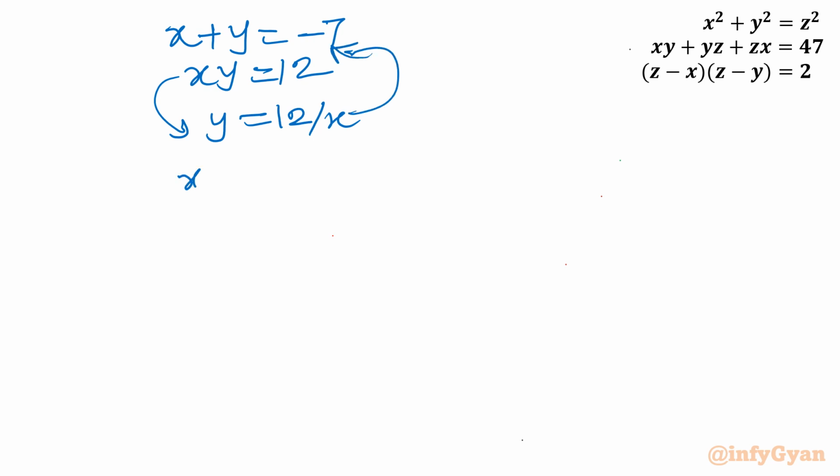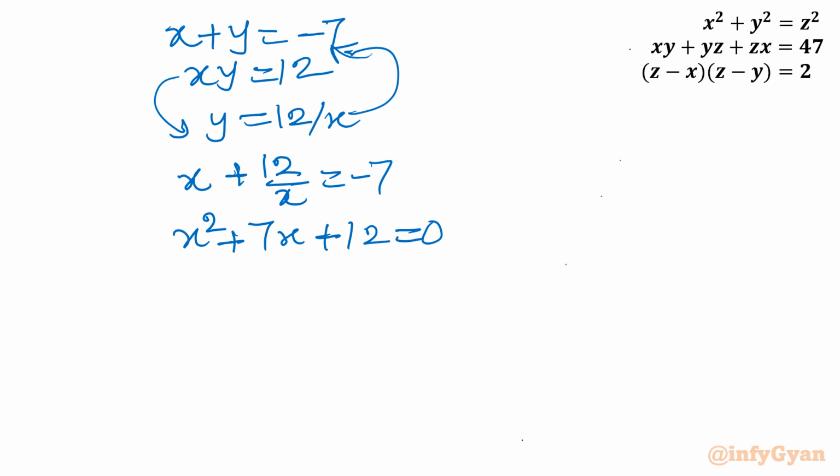So I will get x plus 12 over x is equal to negative 7. X square plus 7x plus 12 equal to 0. Now you can find it by factorization, or you can write directly x is equal to minus 3 and minus 4. See, this time addition is minus 7.